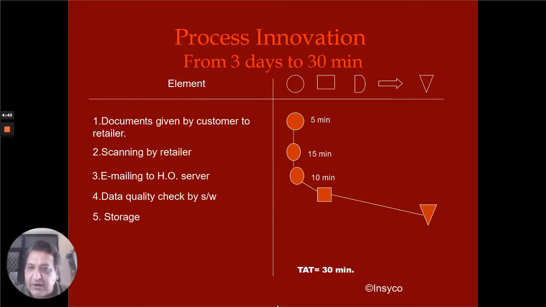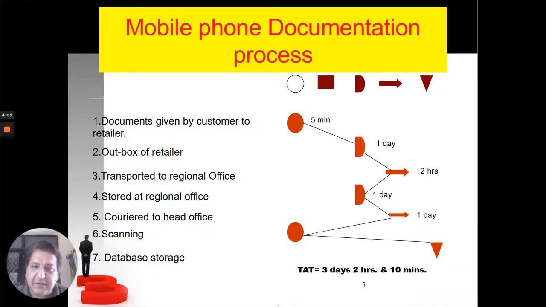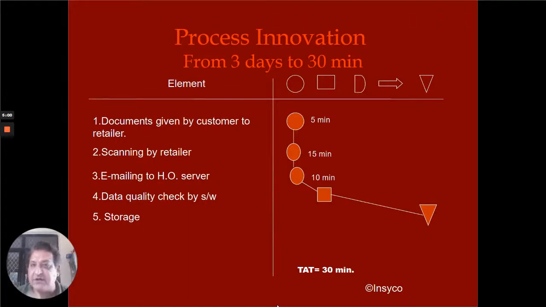And then there's a data quality check, and then there is storage, and the total turnaround time is 30 minutes. Thus the process effectiveness has improved from a turnaround time of 3 days, 2 hours and 10 minutes to a TAT of 30 minutes. That's an example of process innovation.